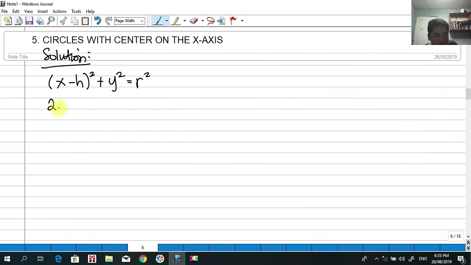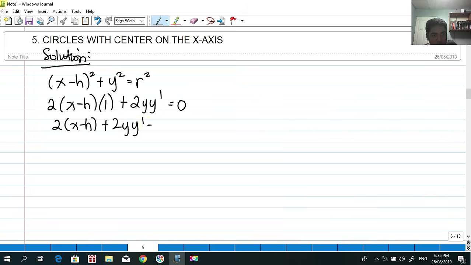So we differentiate this: 2(x - h), differentiating the inside function with respect to x gives 1, plus 2y y prime equals 0. So we have 2 times (x - h) plus 2y y prime equals 0.